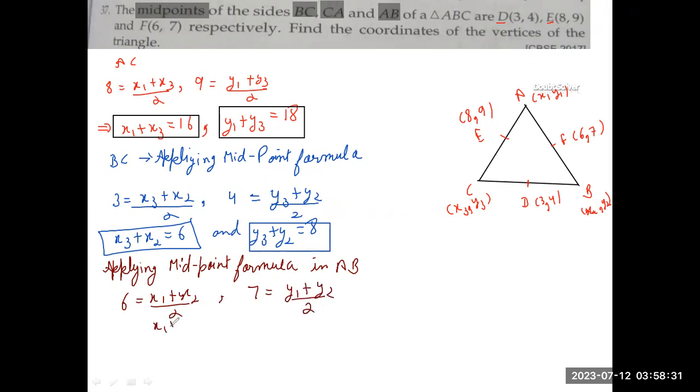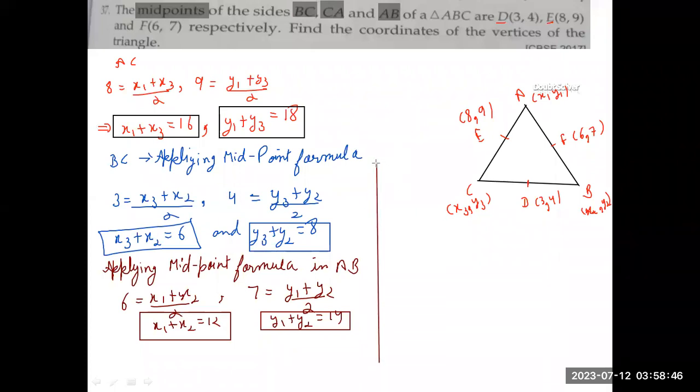So I got x1 plus x2 equals 12, y1 plus y2 equals 14. And we have to find all the three, x1, x2, x3, y1, y2, y3.